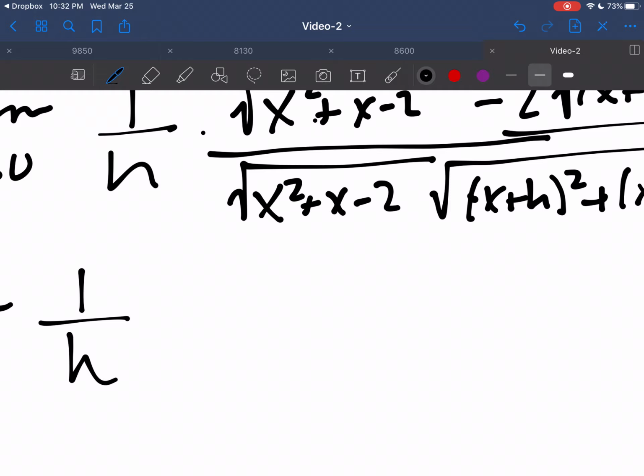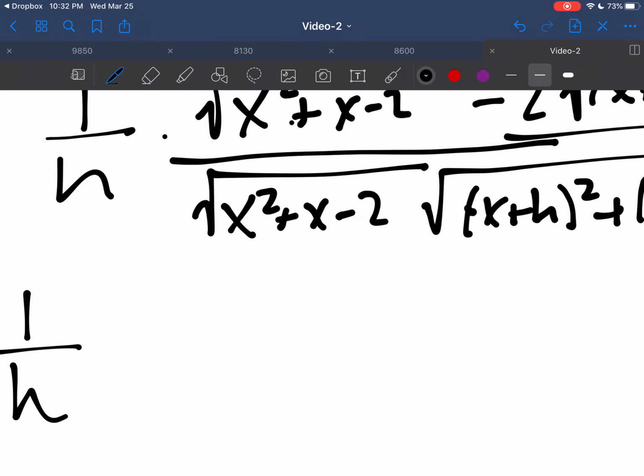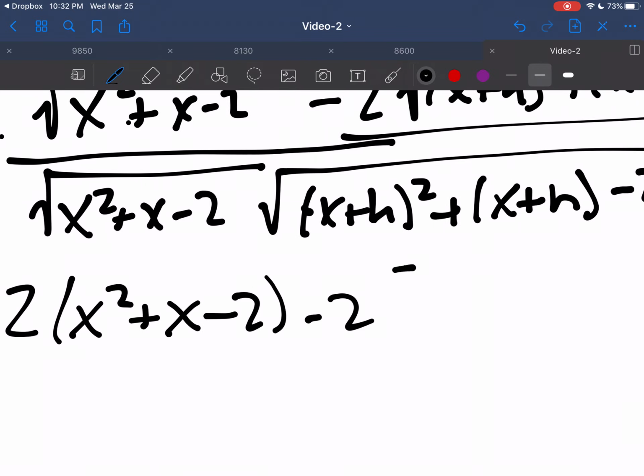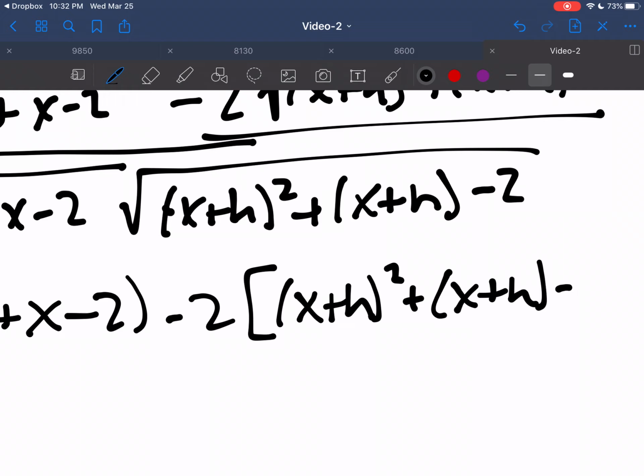of 2 times x squared plus x minus 2 minus 2 times x plus h squared plus x plus h minus 2. Or is that a plus 2?